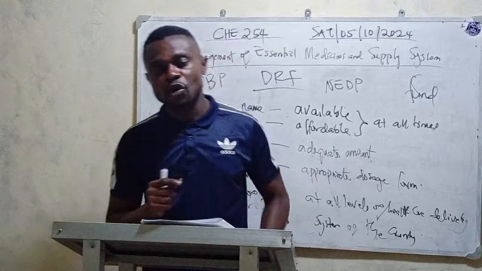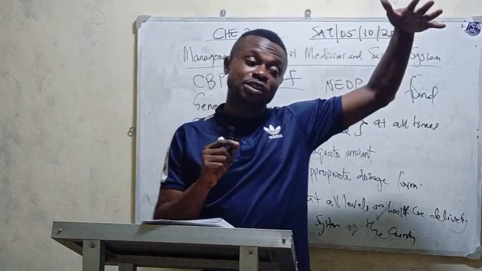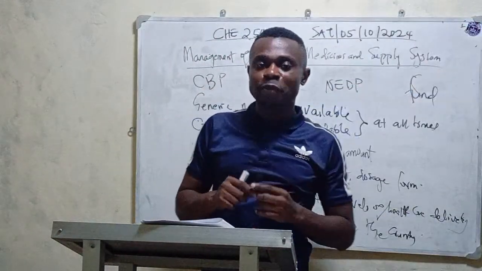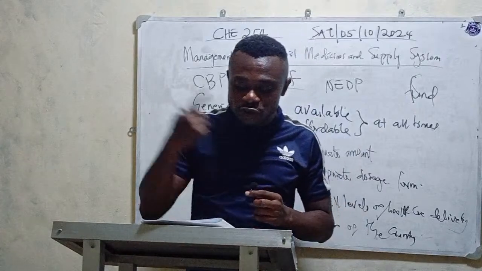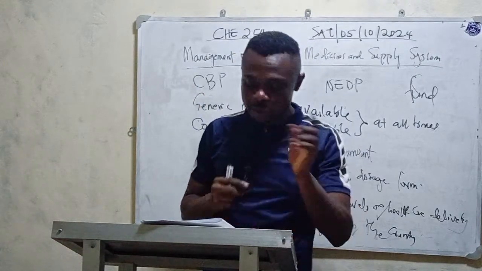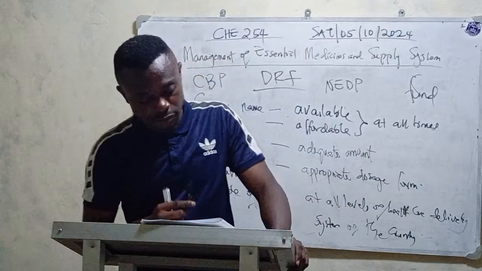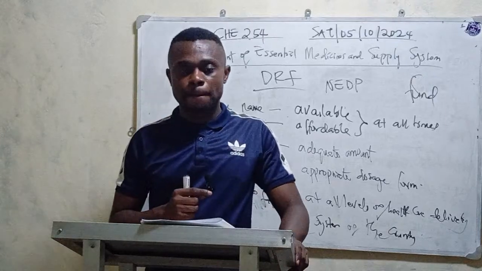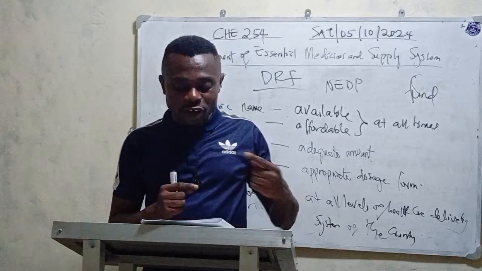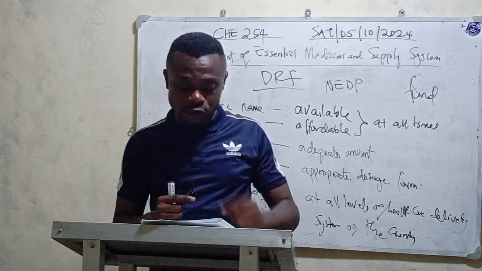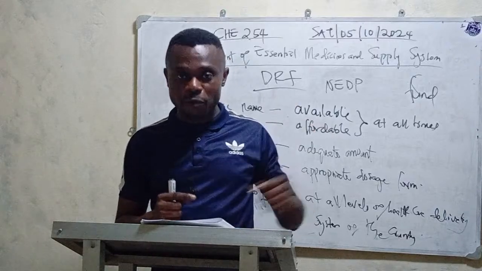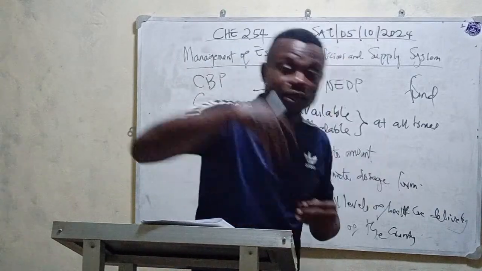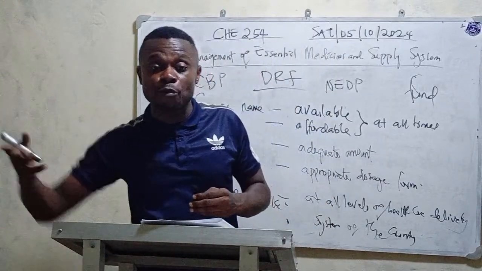Having looked at the prevailing health problems, you review those prevailing health problems of the community. Because as you are reviewing, you also put into account new common problems. As you review the prevailing ones, there's also the possibility of new common problems that exist.